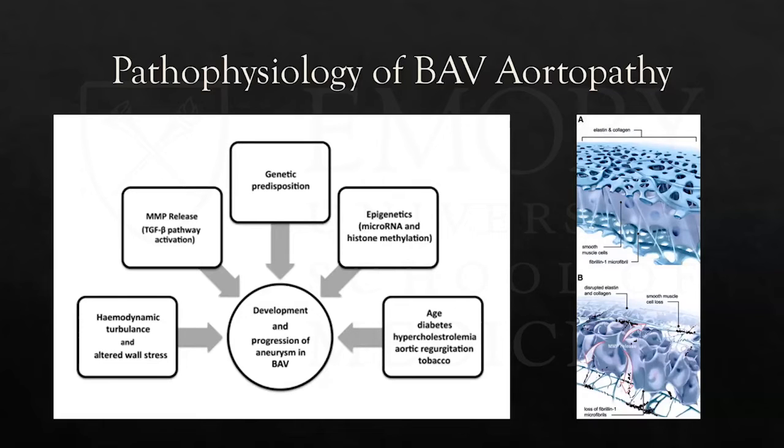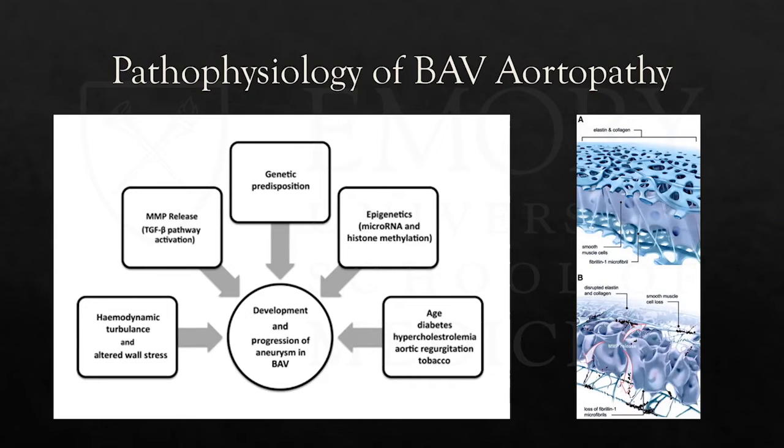Well, abnormal fibrillin-1 has also been identified in bicuspid aortic valve pathology within the aortic valve, specifically the ascending aorta, and also in the pulmonary valve. So there's some spectrum of fibrillin-1 or lack of fibrillin-1 that leads to some of this aneurysmal dilatation within bicuspid aortic valves as well.